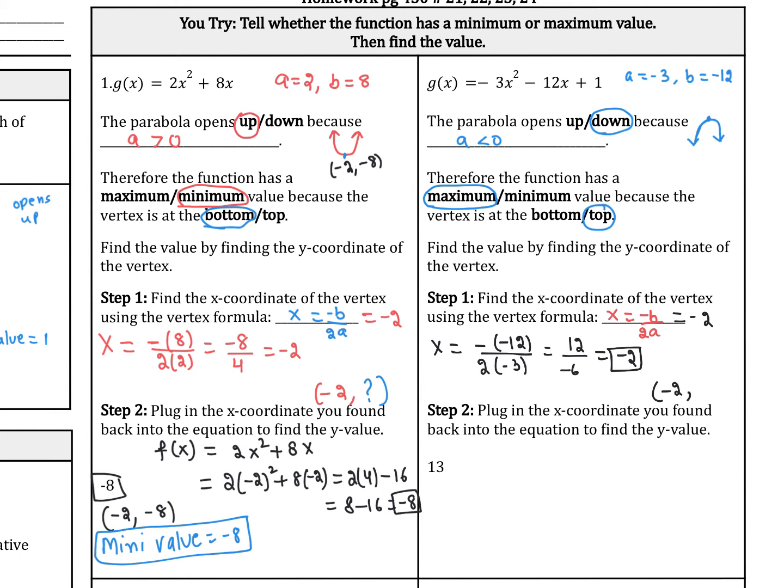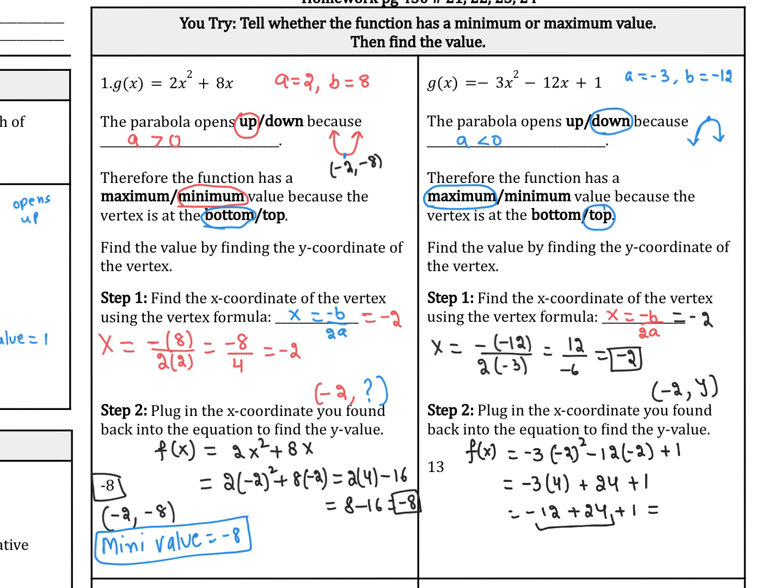You're going to find the y. To find the y, we're going to use the given equation f(x) equals negative 3x squared minus 12x plus 1, and you're going to use the x value as negative 2. So negative 3 times negative 2 squared minus 12 times negative 2 plus 1, and that's going to be negative 12 plus 24 plus 1.